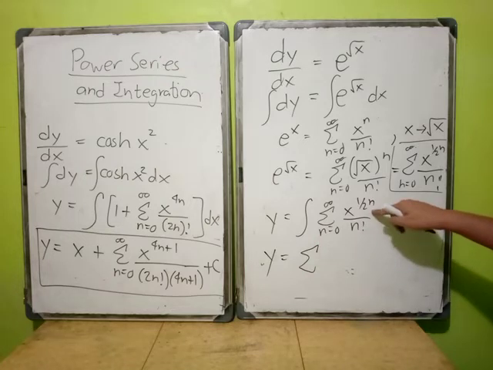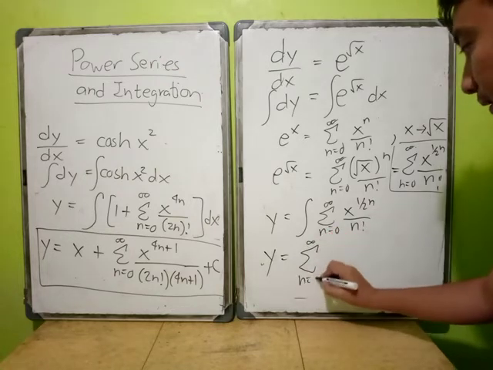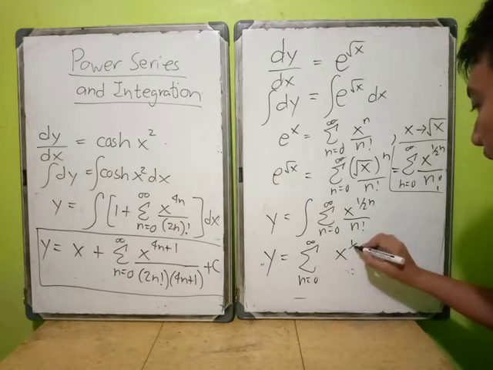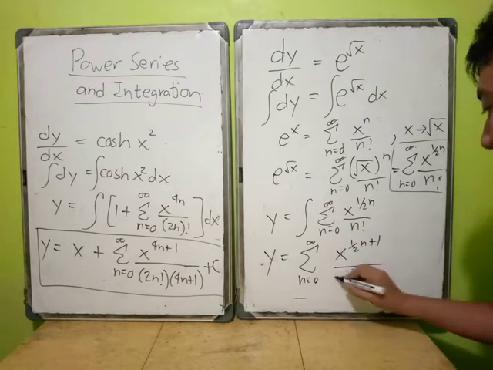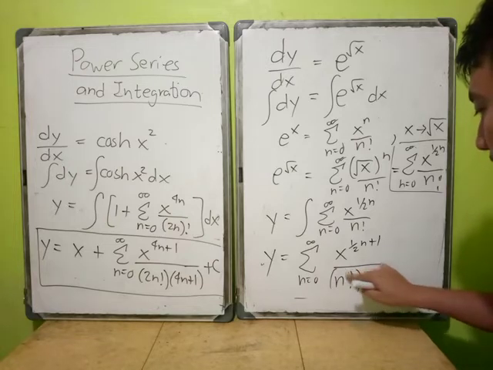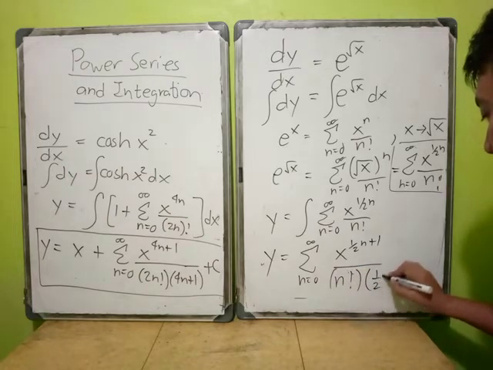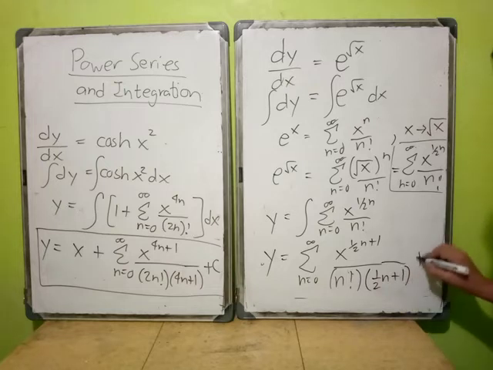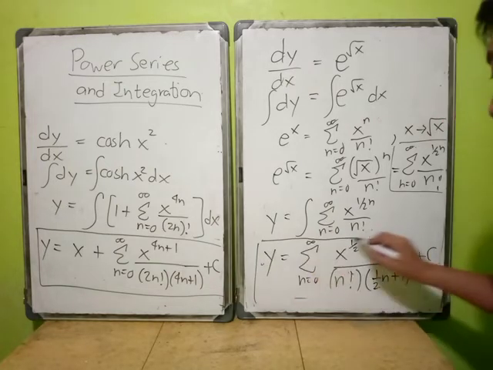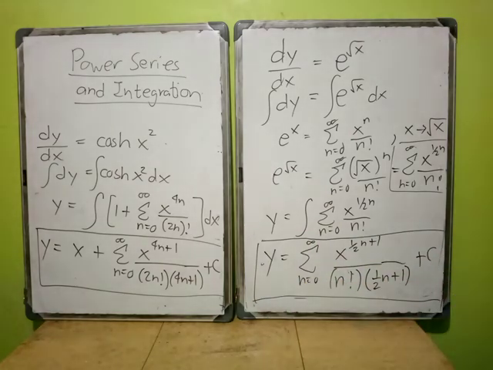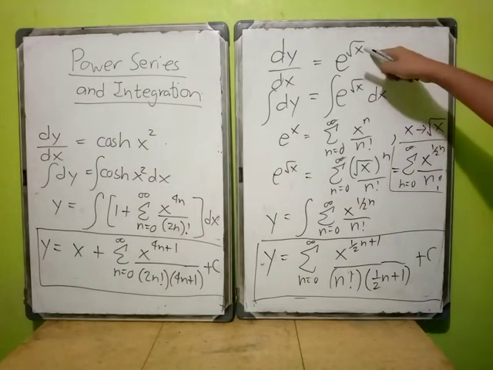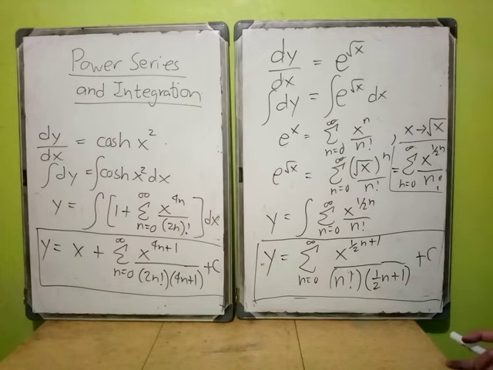If you integrate this, it will become x to the power of 1 half n plus 1 over n factorial, over 1 half n plus 1, plus c. Therefore, this will be your answer for this problem. See that we have already solved the problem using power series. Let's have another example.